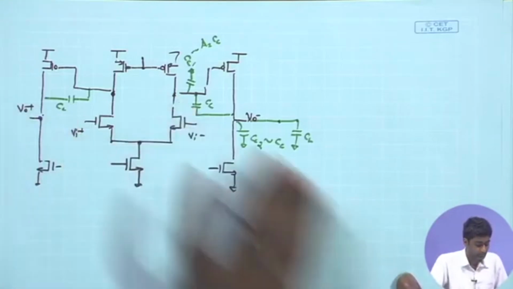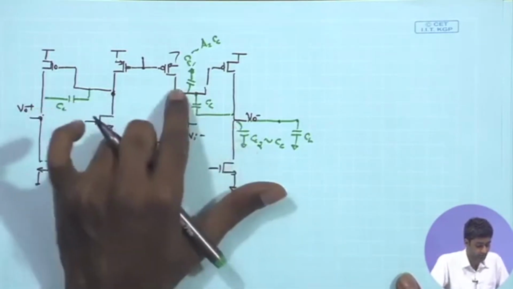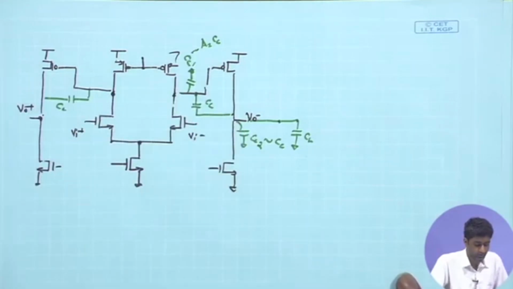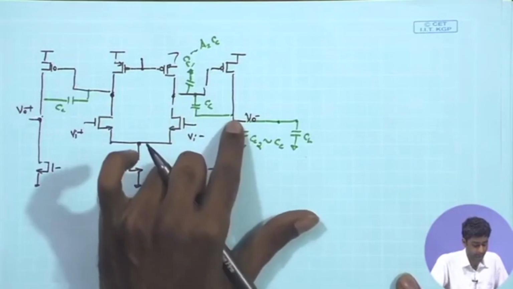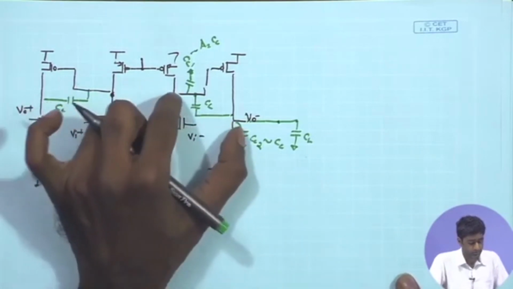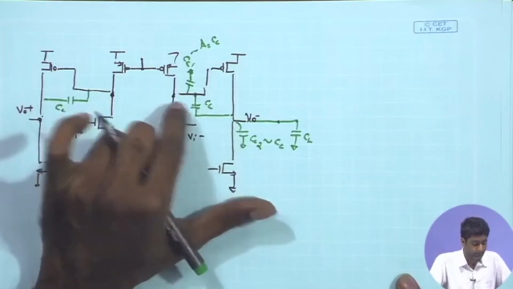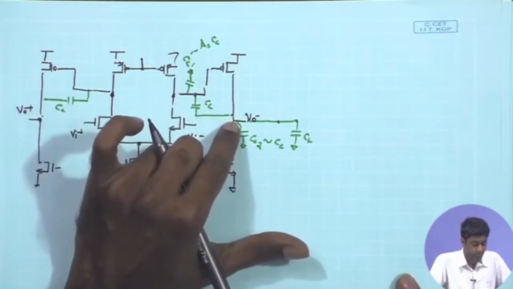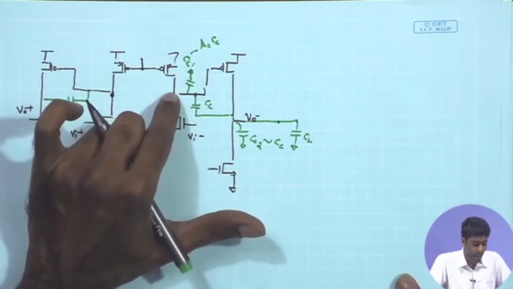Now, here what are the relations we need to follow for obtaining the overall 45-degree phase margin? Just like in the case of our common mode operation, we are going to have similar analysis here, and our target would be to make the second pole, or the non-dominant pole, A naught times the dominant pole.